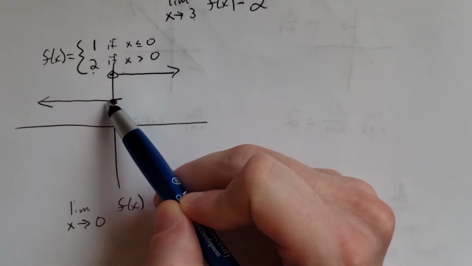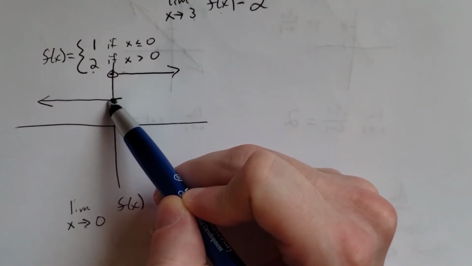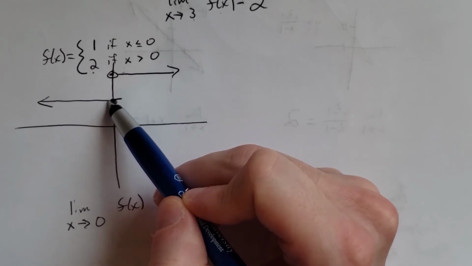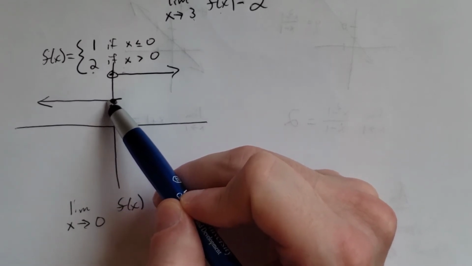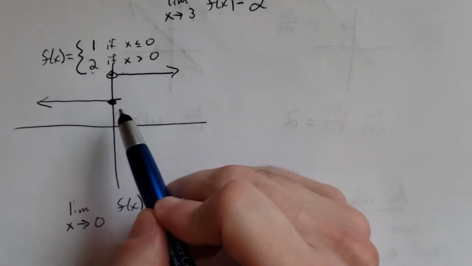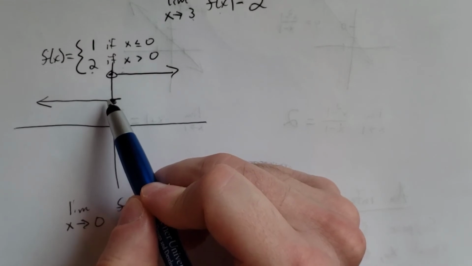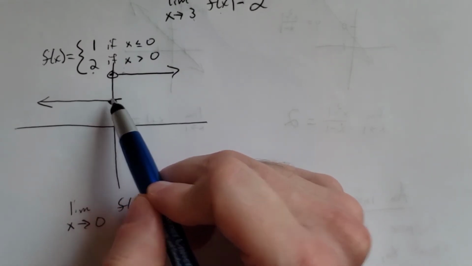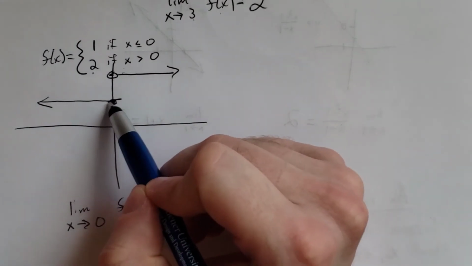And unfortunately, the y value when x is just below 0 is 1, and it doesn't get anywhere close to 2 here. So the y value is not approaching 2 as x approaches 0, because we can see that from the left side. It is approaching 1 from the left.